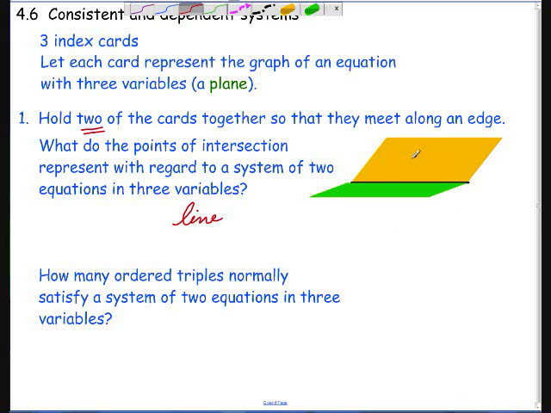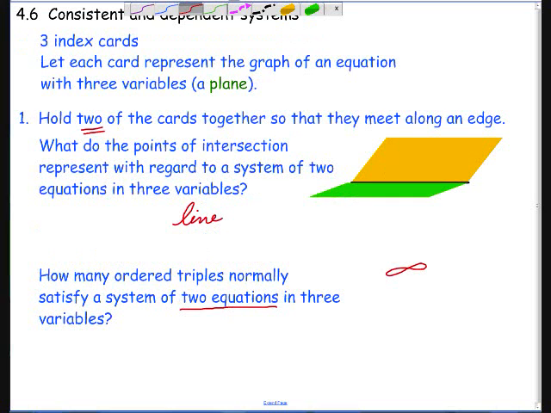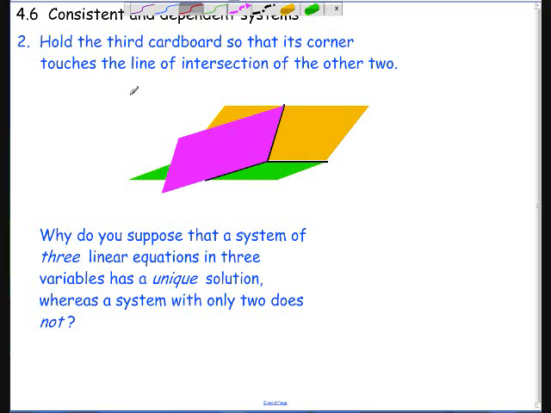Well, looking at this, if it's a line, we know lines go on to negative infinity and positive infinity, don't they? So if we just have two equations in three variables, we have an infinite number of solutions. Well, normally. We can find an exception to that. We'll talk about that in a minute.